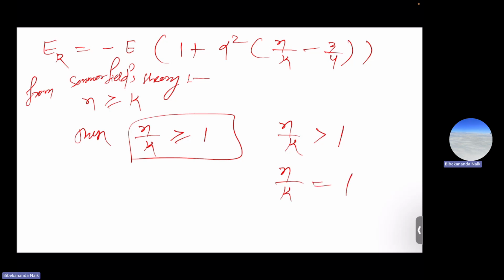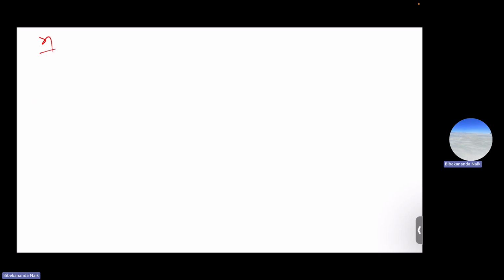In that case, since 3 by 4 is less than 1, the term n by k minus 3 by 4 will be greater than 0. So 1 plus alpha square times that will be greater than 1. So ER will be minus E into 1 plus something, which is again greater than 1.